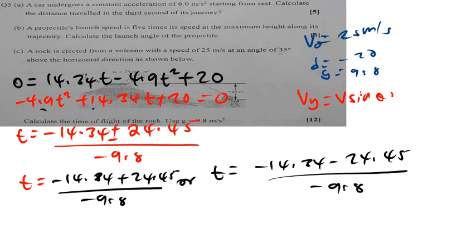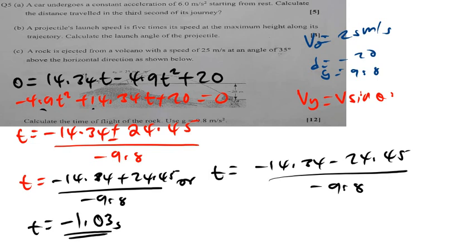My T for the first part is going to be negative 14.34 plus 24.45. So I'm getting 10.11 divided by negative 9.8. So this is giving me negative 1.03 seconds.